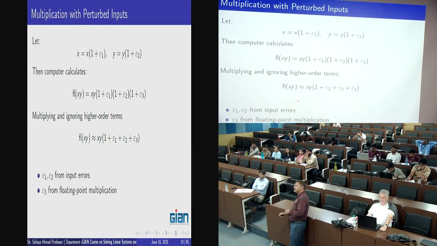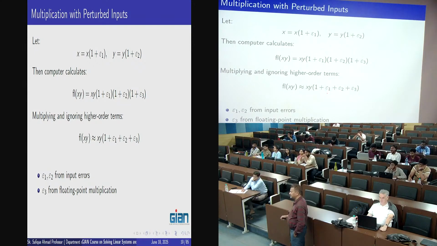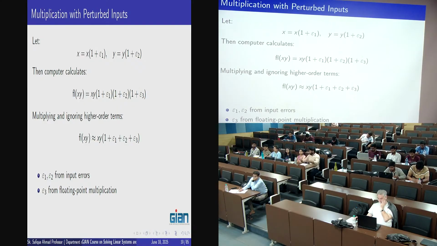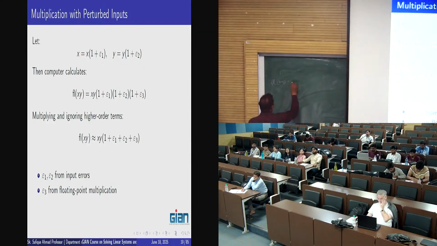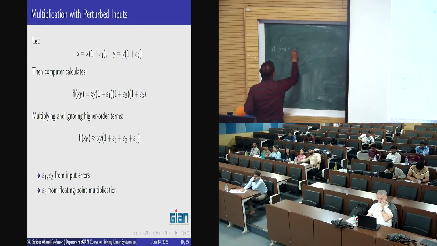Understood my point? So, if you just divide this, the floating point of x y equals x y into 1 plus epsilon, and you can put epsilon 1 plus epsilon 2 plus epsilon 3 as a single epsilon. If these numbers are less than the unit round of error, this sum would be less than the unit round of error too.